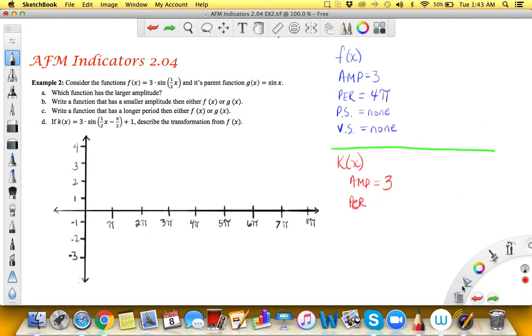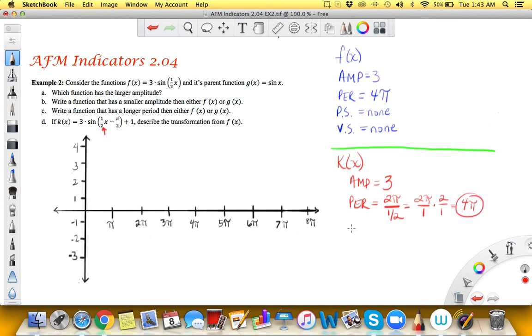The period for k of x is equal to 2 pi divided by 1/2. In this case, b is equal to 1/2. So that's that coefficient of x. So we have 2 pi over 1 times 2 over 1, which equals 4 pi.